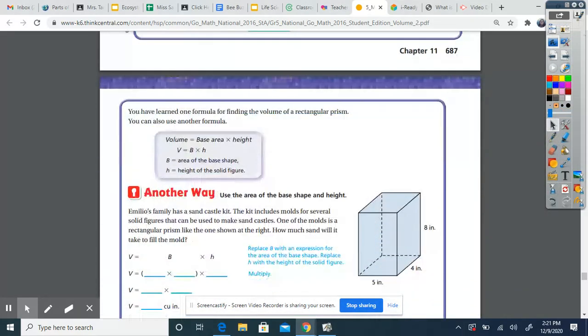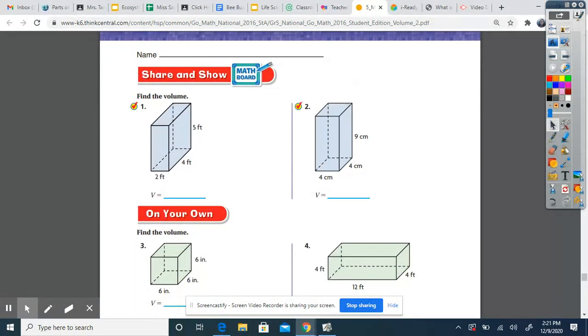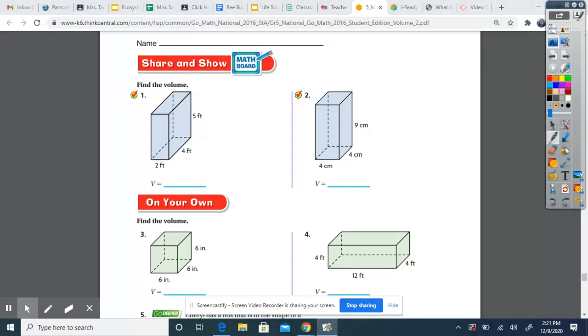Okay, let's go down. On these problems today, they look a little bit different than our problems yesterday because you can't see the cubic units, those little cubes. You can't see all the little cubic units within the rectangular prism, but they are there.